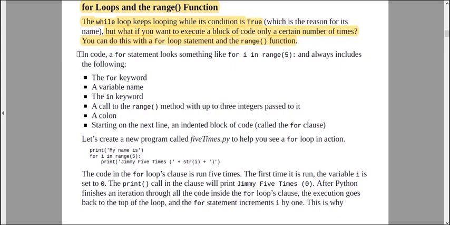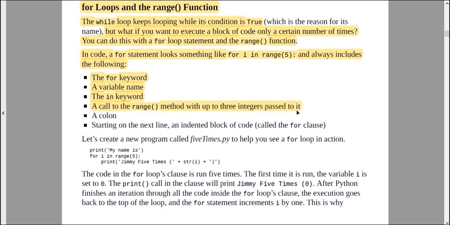In code, a for loop statement looks something like "for i in range(5)", and it always includes the following things: the for keyword to start the for loop, followed by the variable name, which is also called the loop variable, and the in keyword, and then a call to the range function with up to 3 integers passed to it.